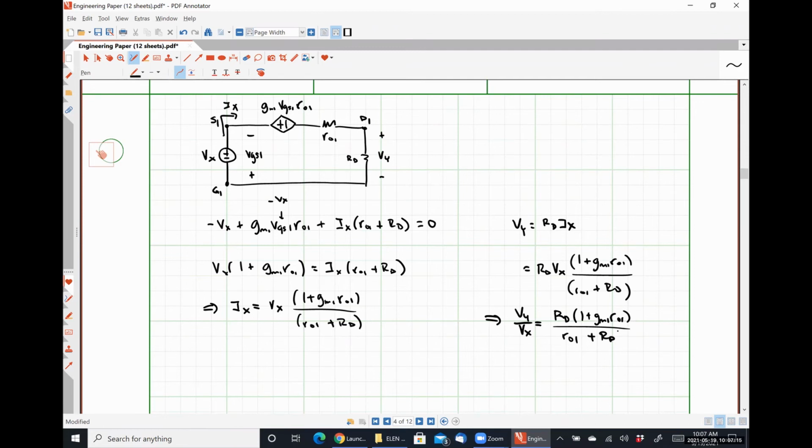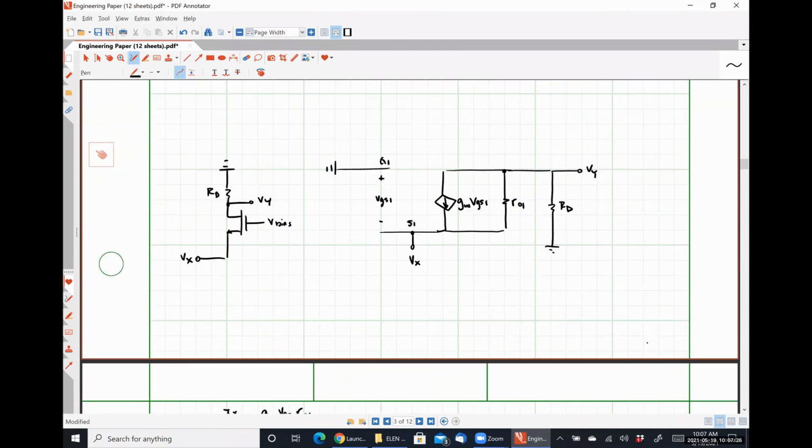So that's our transfer function with channel length modulation included. Like I said, it isn't particularly difficult to analyze. I don't know why the book says it's too hard to do, because it very obviously isn't.